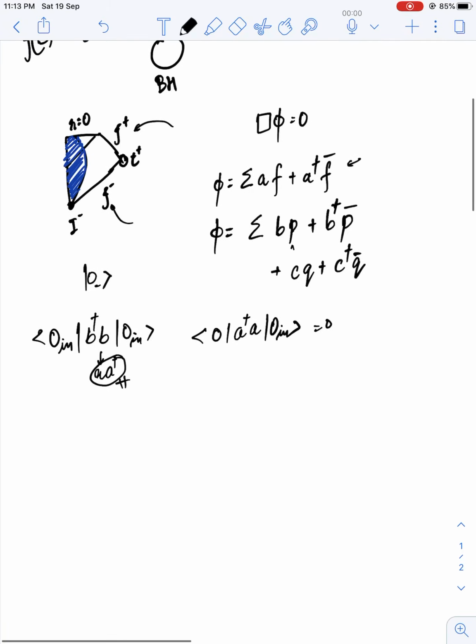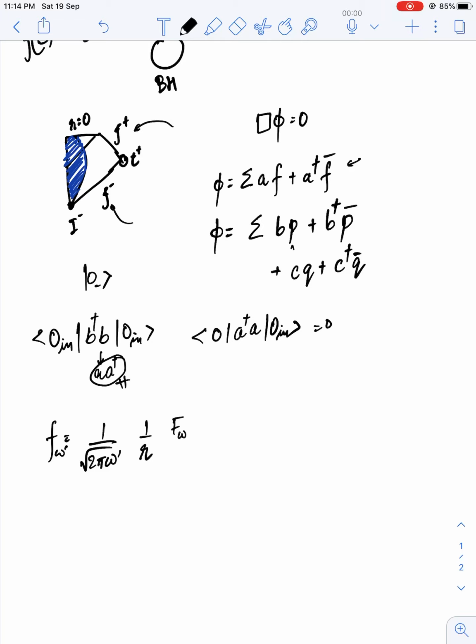Now the form of f is something like this, as done in Wald. Basically, it gets a factor 1 by r. f can be written in terms of 1 by 2 pi omega dash, 1 by r, some function of omega, and he does two more things because we are having a spherically symmetric collapse.